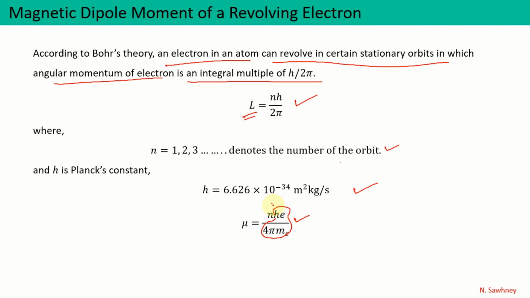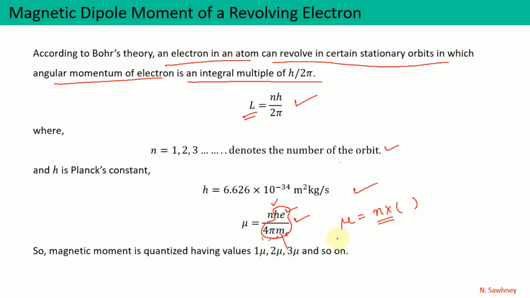See, h is Planck's constant, e is the electron charge, this is the mass of the electron, and 4 pi itself is a constant. So you can say that the magnetic moment is equal to n times some value, that is, all the terms are constant. So magnetic moment is a multiple of n, which is the number of the orbit.